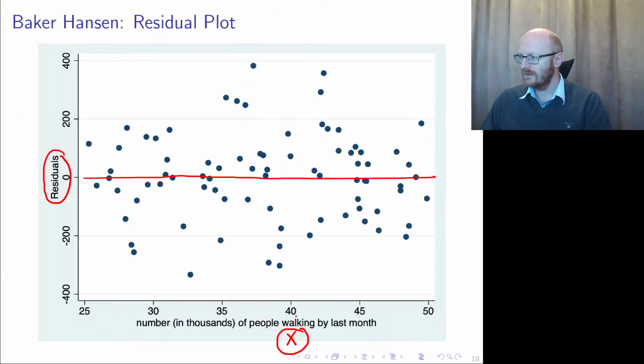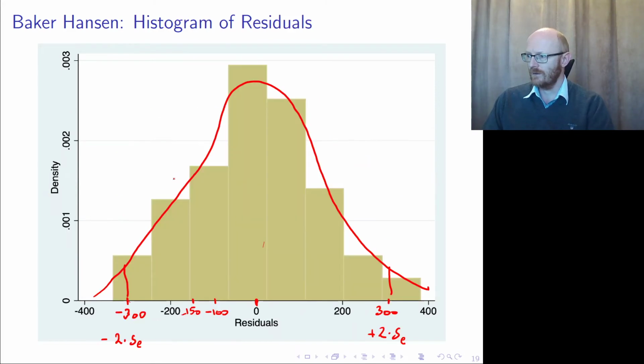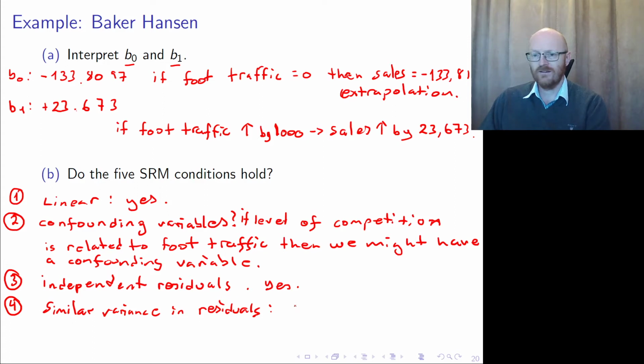And we can see here that if we just take a band around the mean here, we see that the variance is not dependent on the x variable. So we have to say that they have the same variance.